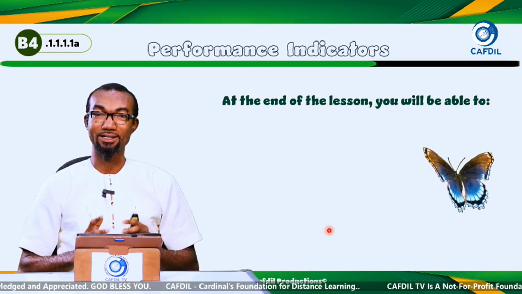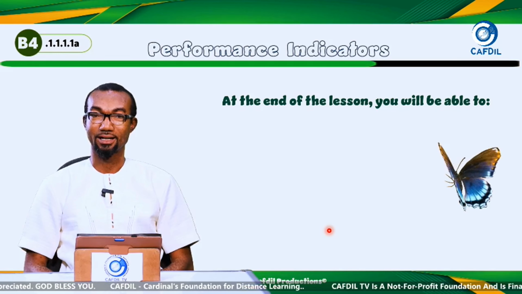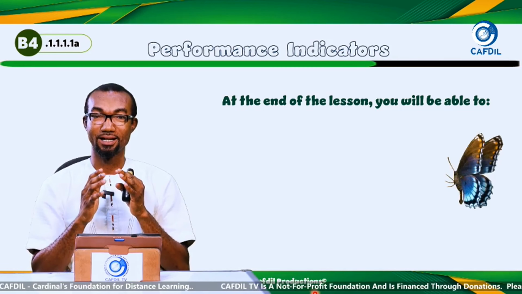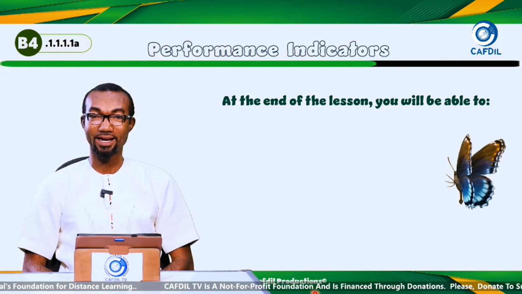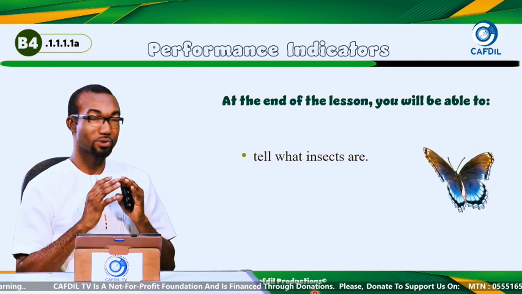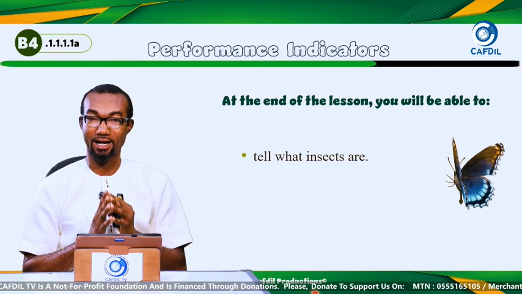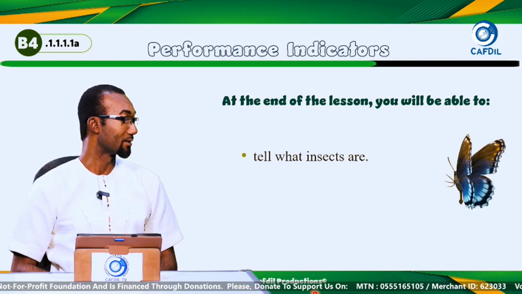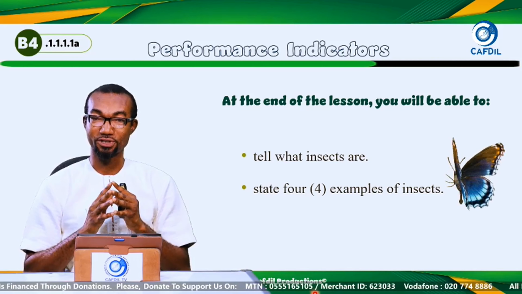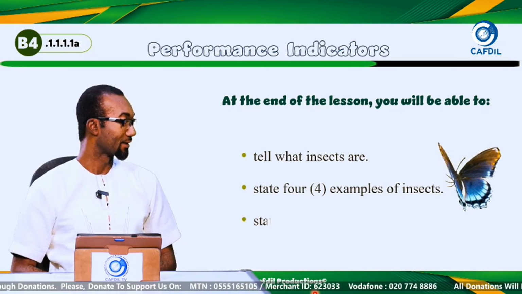Now, let's look at the performance indicators I want you to achieve at the end of the lesson. At the end of the lesson, you will be able to: 1. Tell what insects are. 2. State 4 examples of insects. And then 3.